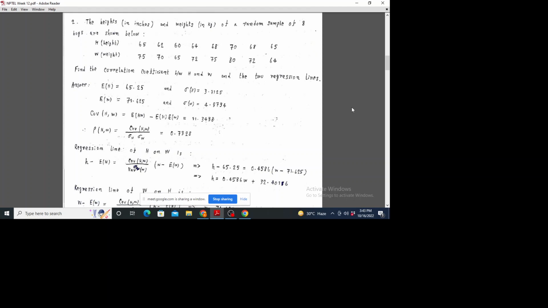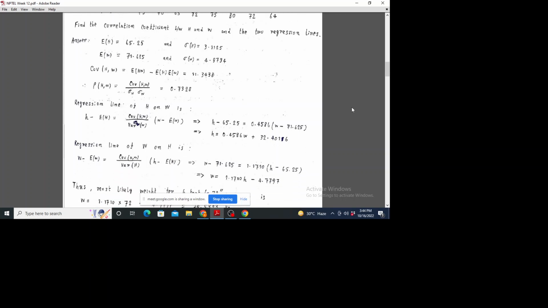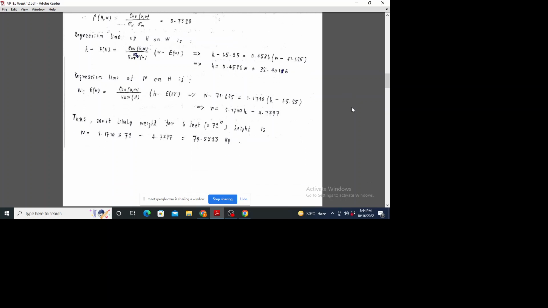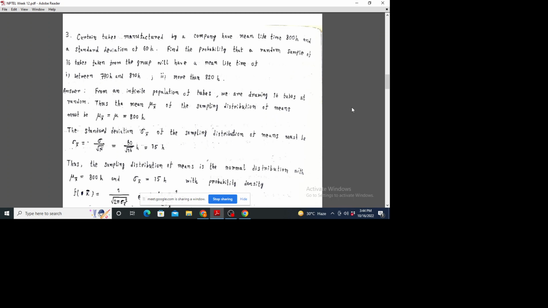But none of these data points will actually lie on the straight line. So much for regression. Now let us move on to the next problem.